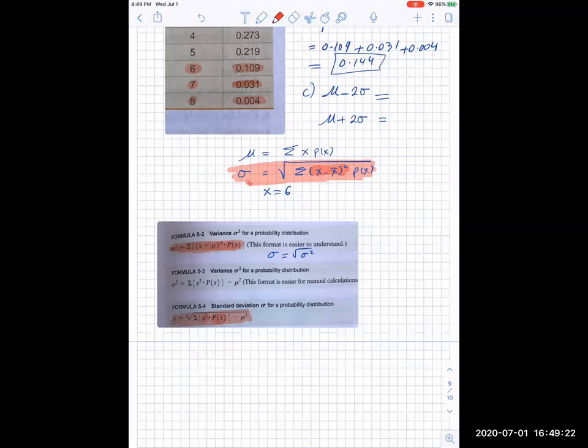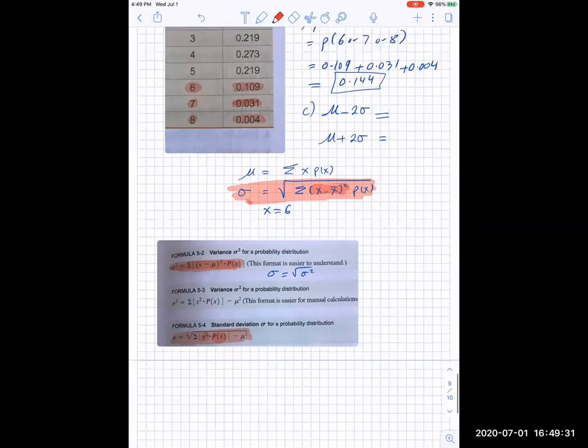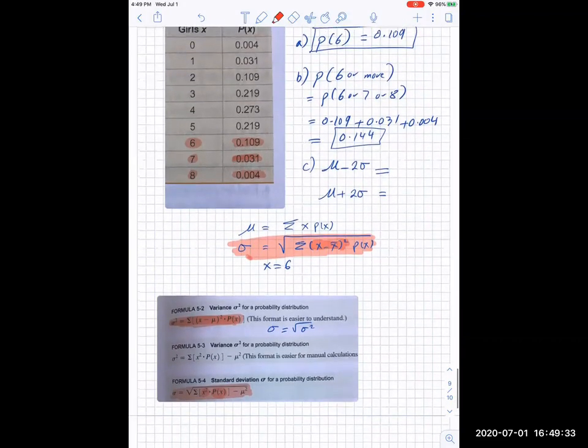Now the book also, let me show you one more thing, Brandon. It's talking about whether 6 is significant or not.